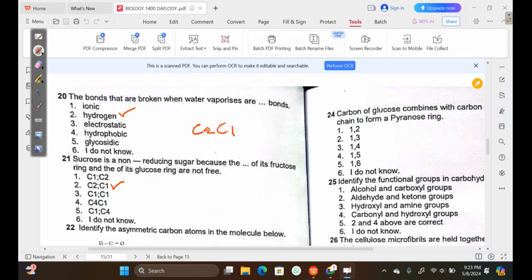So now you have to understand these bonds. During the formation of sucrose, you have fructose, which is going to give out the OH group at carbon 2. Then you also have glucose, which is going to give out the hydrogen at carbon what? Carbon 1. So for this bond to be possible, what should fructose do?